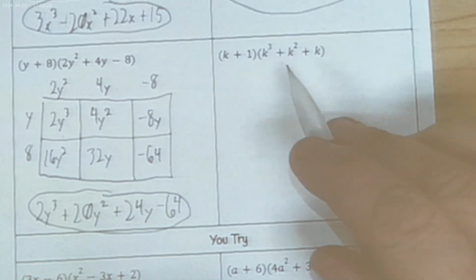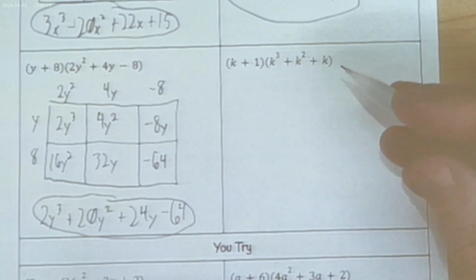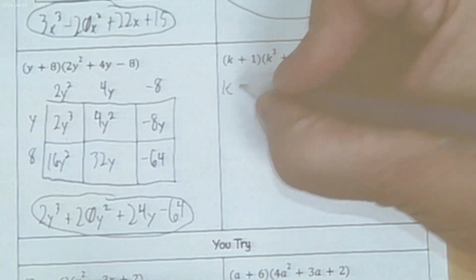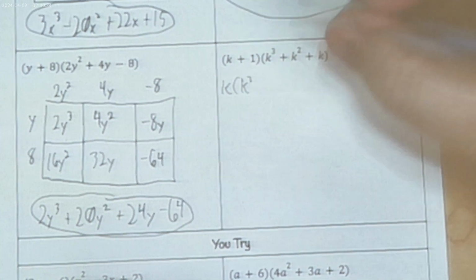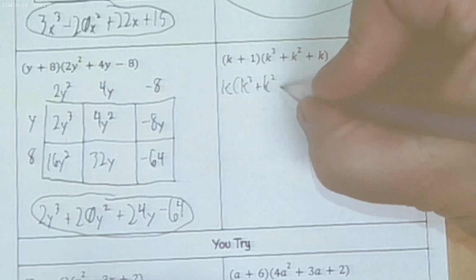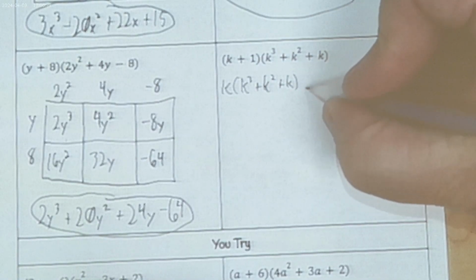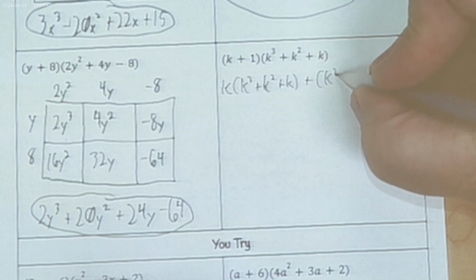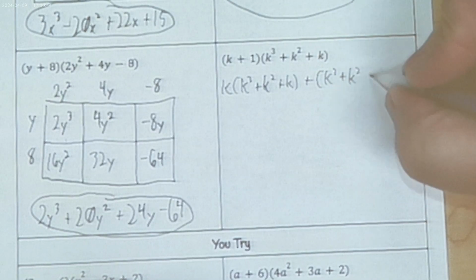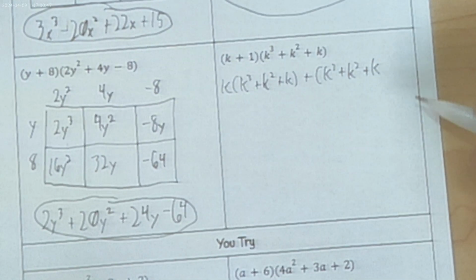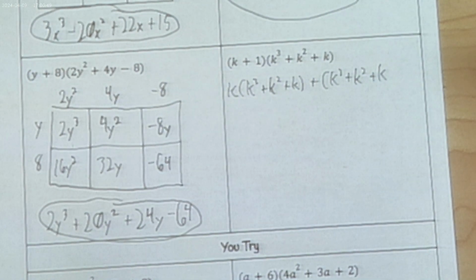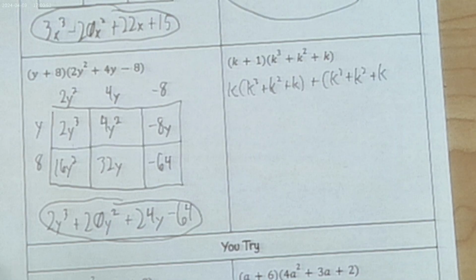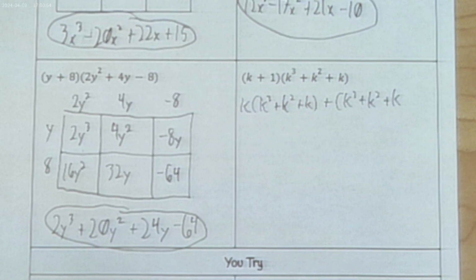Next, we have k plus 1 times this. So we'll do k times this, plus, you know what, k squared plus k. I'm going to invoke my trivial rule. Earlier on, in one of the earlier worksheets, I talked about how in higher level mathematics there's something called a trivial solution.